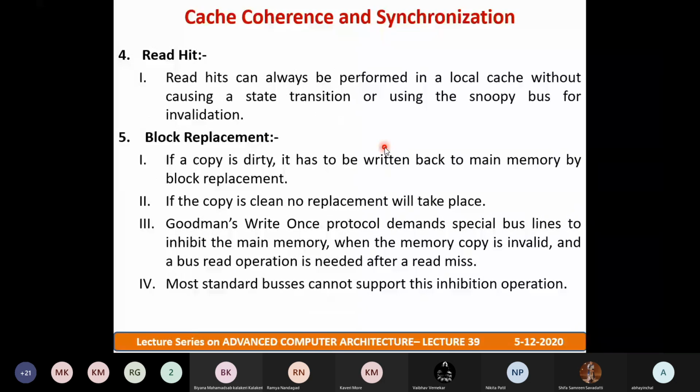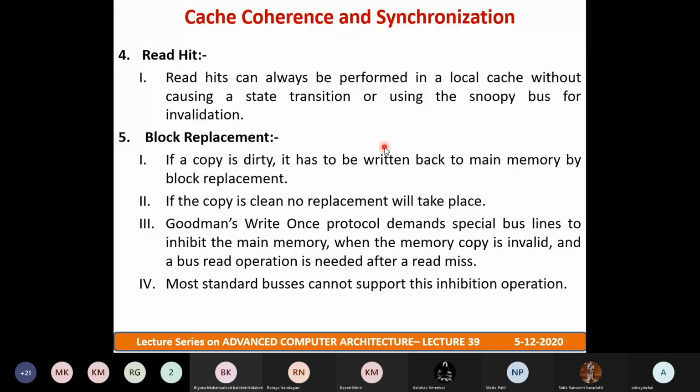Then comes read hit. When a read hit occurs, read hits can always be performed in a local cache without causing a state transition or using the Snoopy bus for invalidation. It is just a read, and hence there is no such restriction. So it will not change the state.